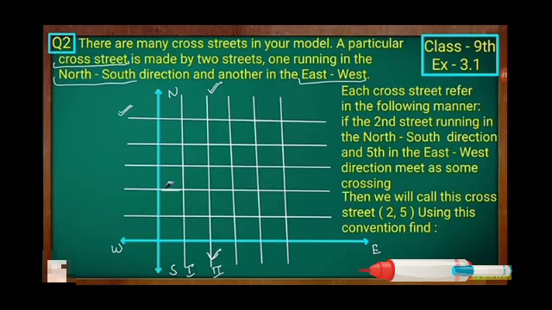So they will meet at 2 and 5. X is 2, Y is 5. So these are the coordinates. You can see here at the second line X is 2 and Y is 5. 2 and 5, these are the coordinates.